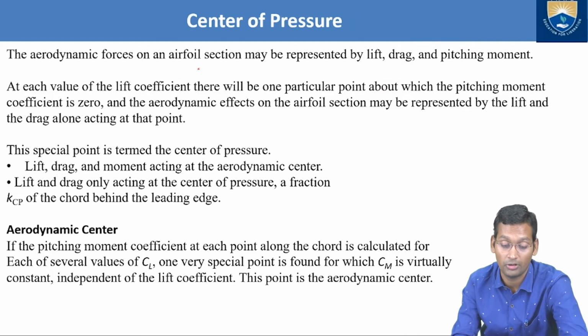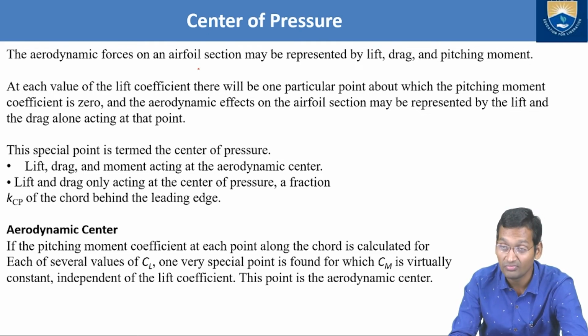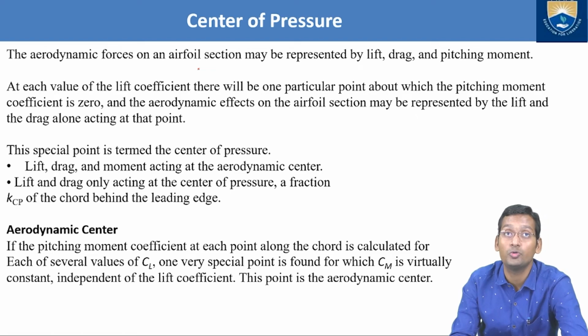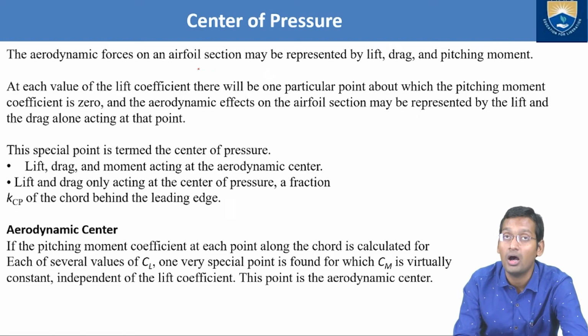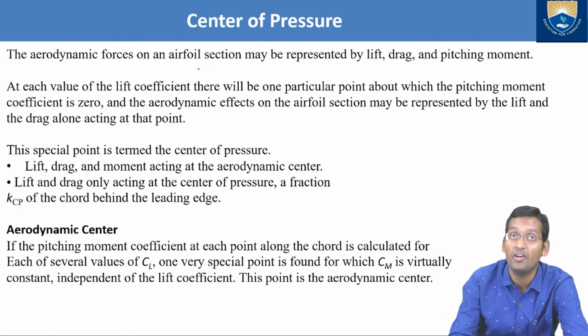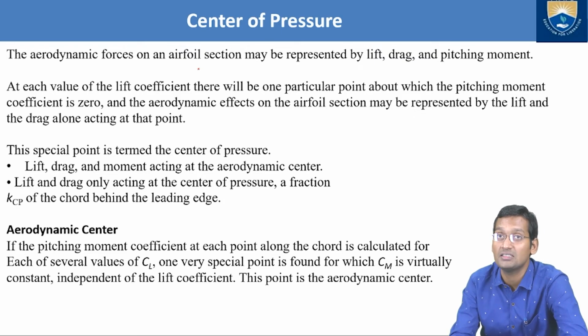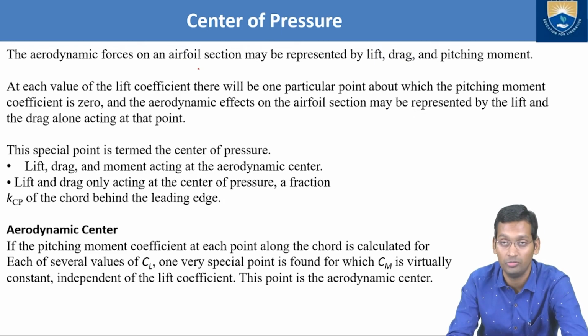Now one of the important things is the center of pressure. This is where we are assuming the total pressure is applied. So let's see. The aerodynamic force on an aerofoil section may be represented by lift, drag, and pitching moment. This we are already seeing. Now from where will these things be zero, right?